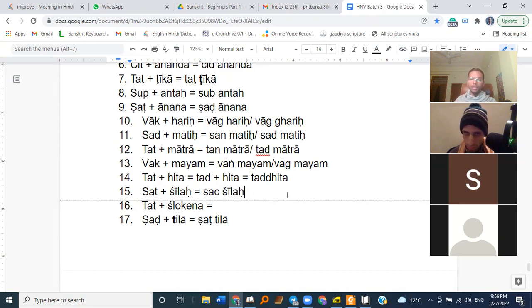And optionally that Sharama, which comes after a Vishnu Dasa, becomes Cha optionally. So Sat Shilaha and Sat Chilaha. Tat Shlokina, same process here. Tashcha She and Tataha Shashthova.